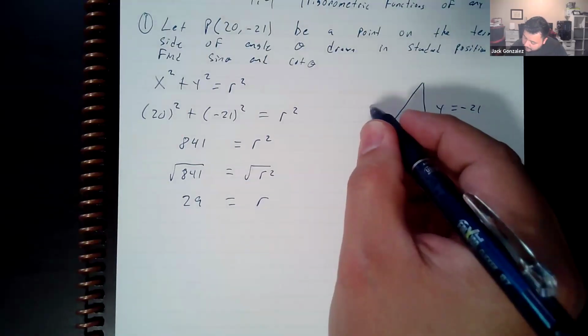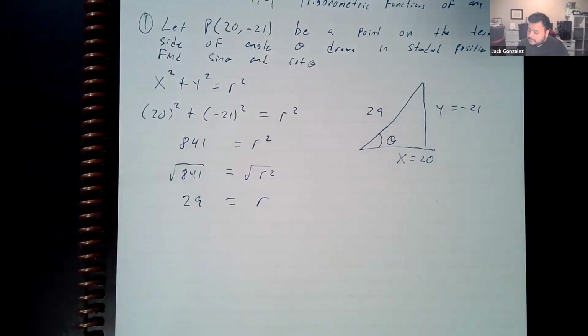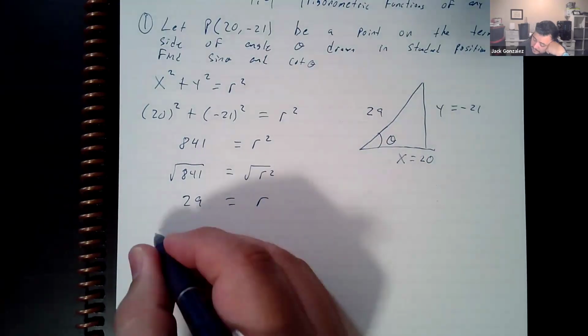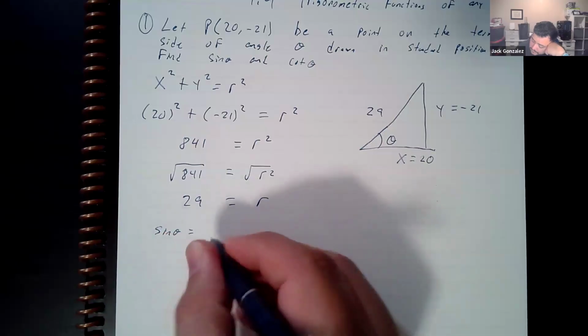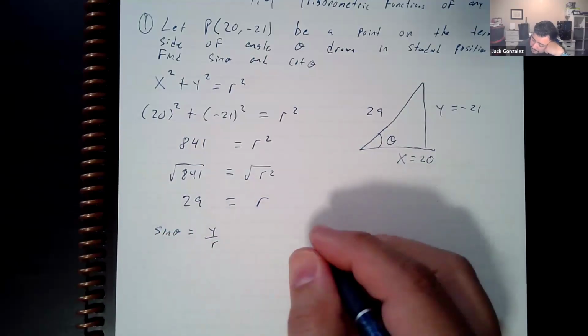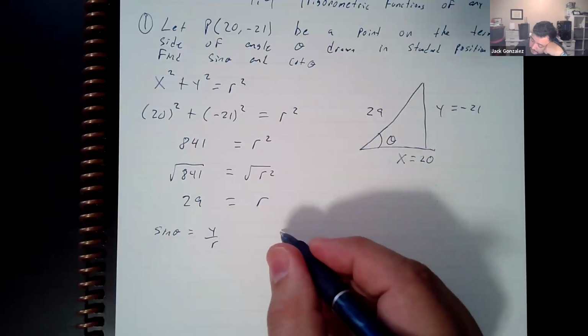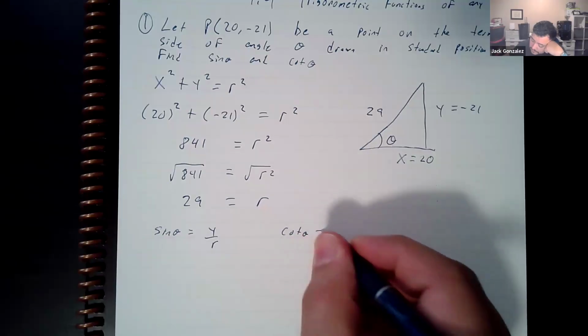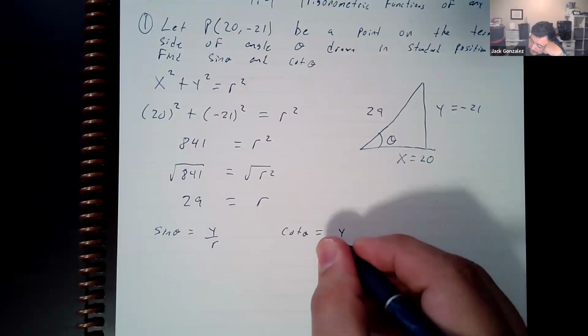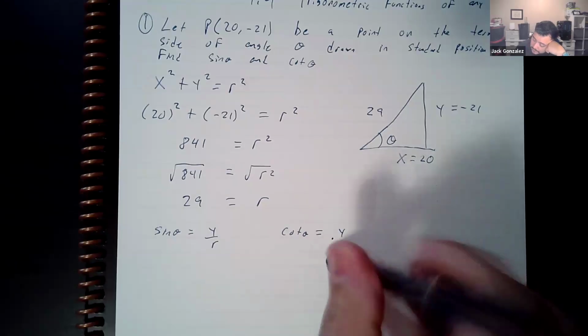R is the radius. Okay. So what is sine theta? Knowing that it's equal to y over r, and cotangent theta, knowing that it is x over y.